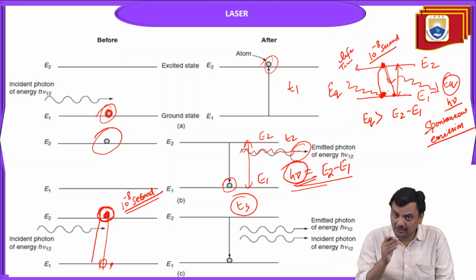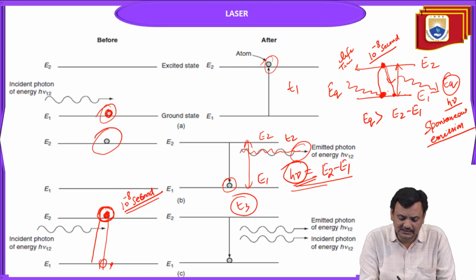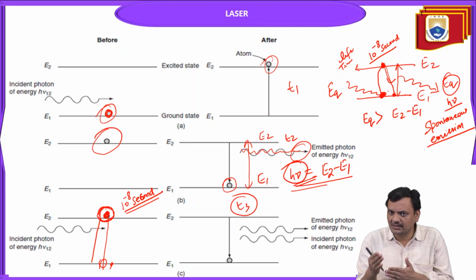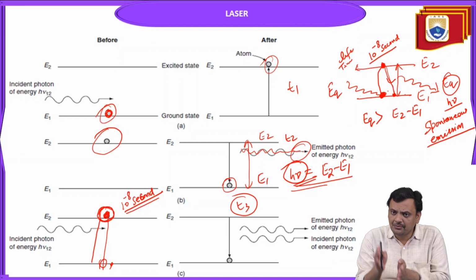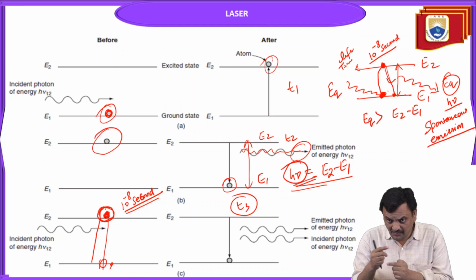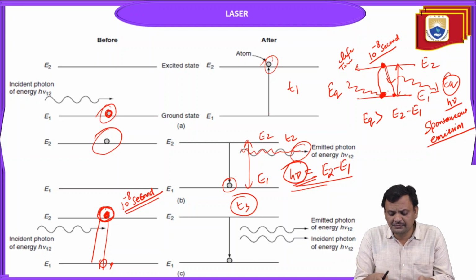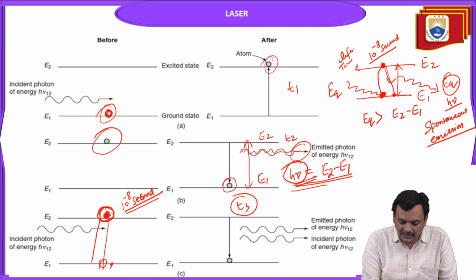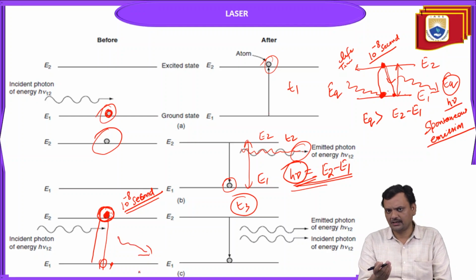Why is this important? Because after 10 to the power minus 8 second, this electron decays automatically. I am not considering that phenomenon; I am considering the phenomenon before the 10 to the power minus 8 second interval. If the photon available from spontaneous emission hits this electron, it will decay, and while decaying it will generate one new photon.